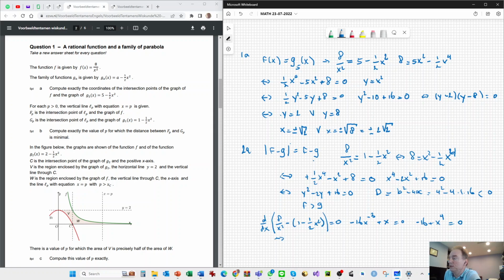Or this means x to the power 4 is 16, which means x is plus or minus 2.